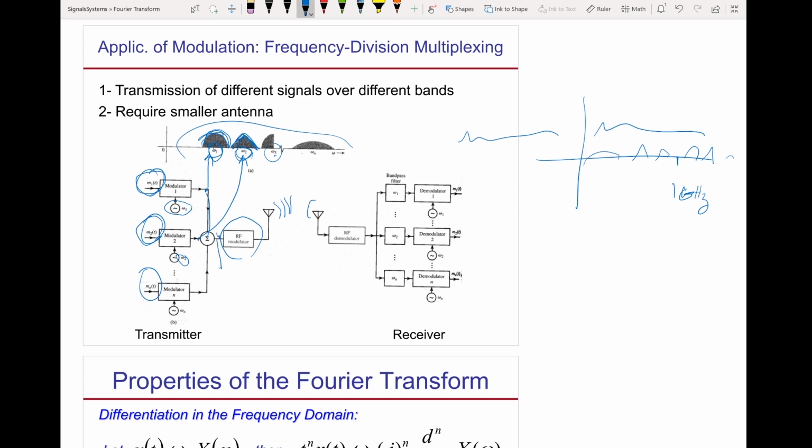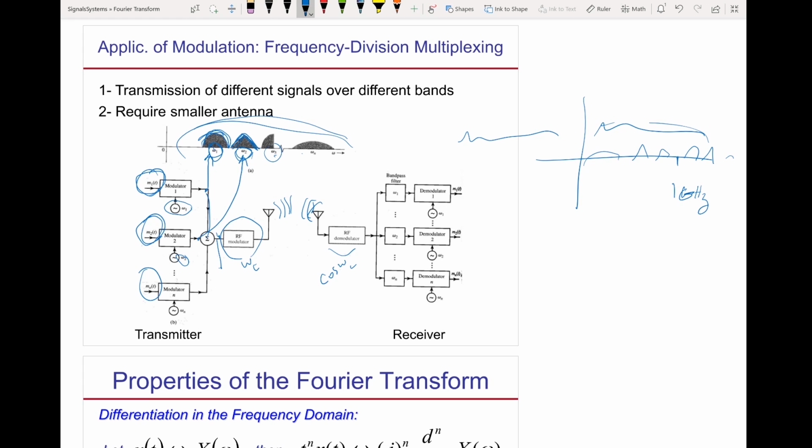At the receiver, in a different city, it will pick up the signal and do demodulation. If this is omega c, the carrier, it will multiply by cosine omega c. So it's going to shift this spectrum back to here.